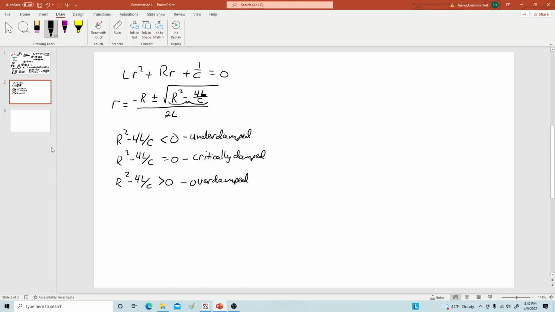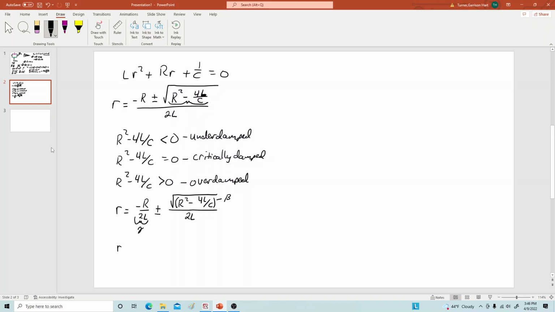So now I'm going to write this in a slightly more suggestive form. r is going to be equal to negative R over 2L plus or minus the square root of R squared minus 4L over C, over 2L. I'm going to denote the R over 2L quantity as gamma, and let's denote the inside of the square root, what's called the discriminant, as beta.